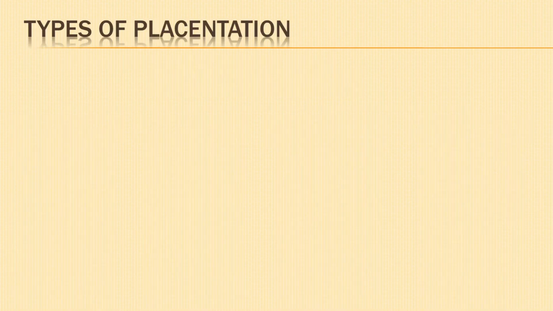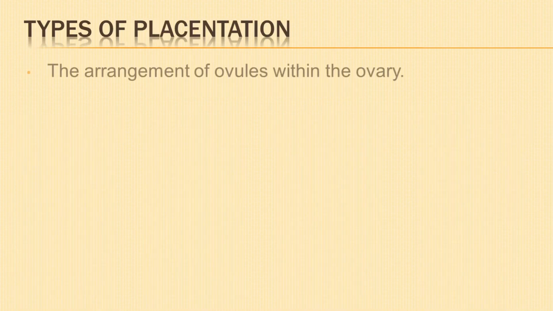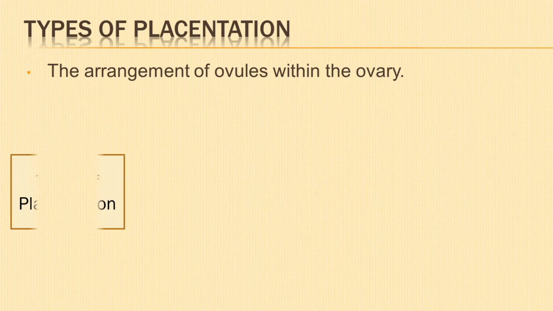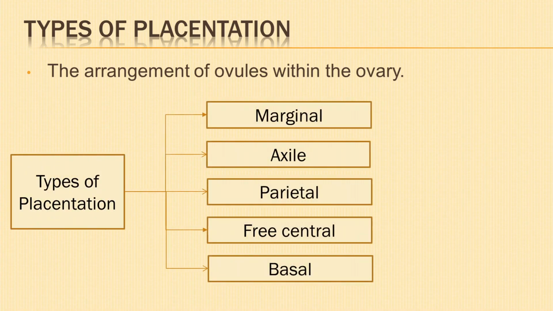Finally, we come to placentation. The arrangement of ovules within the ovary is known as placentation. The different types of placentation are marginal, axile, parietal, free central, basal.